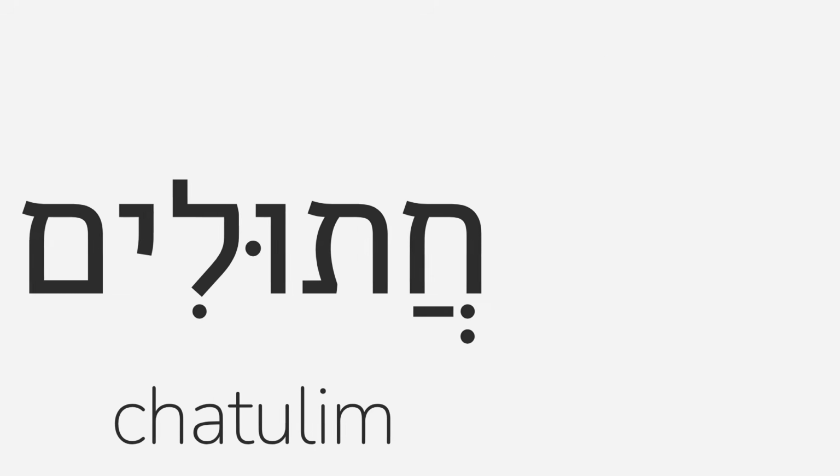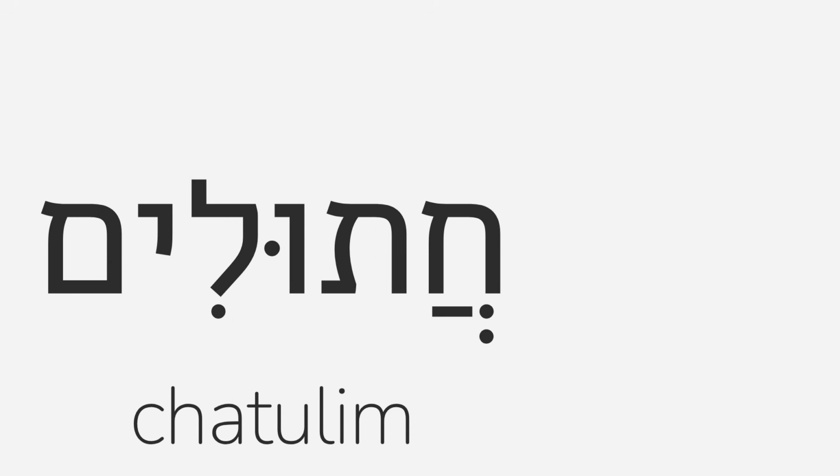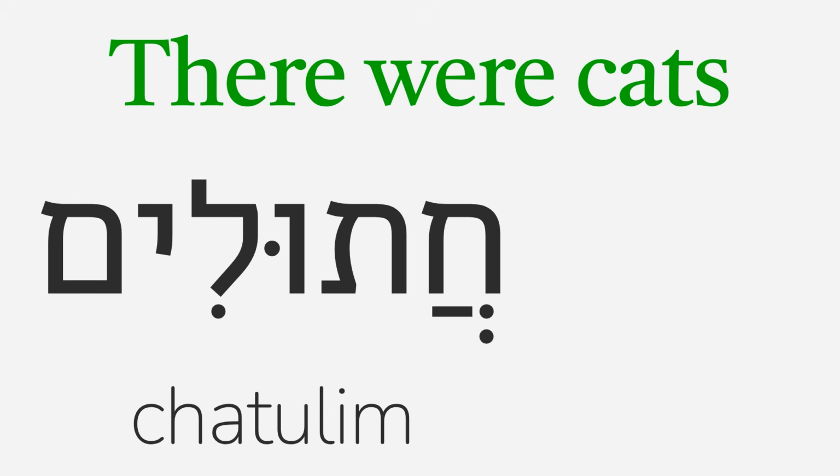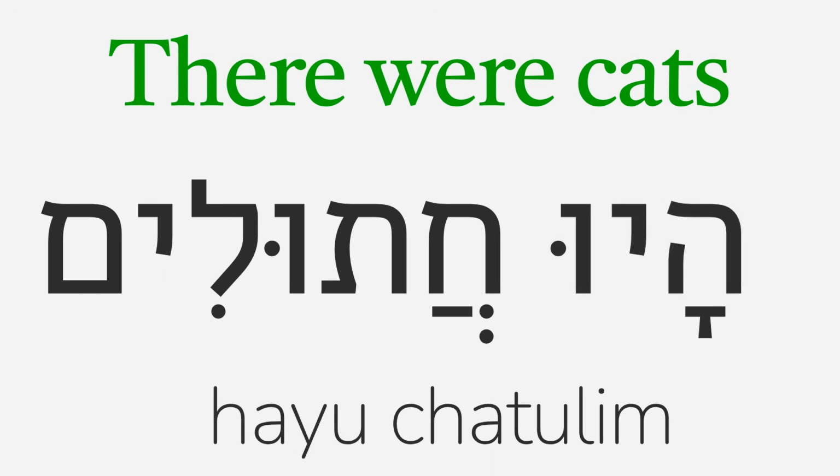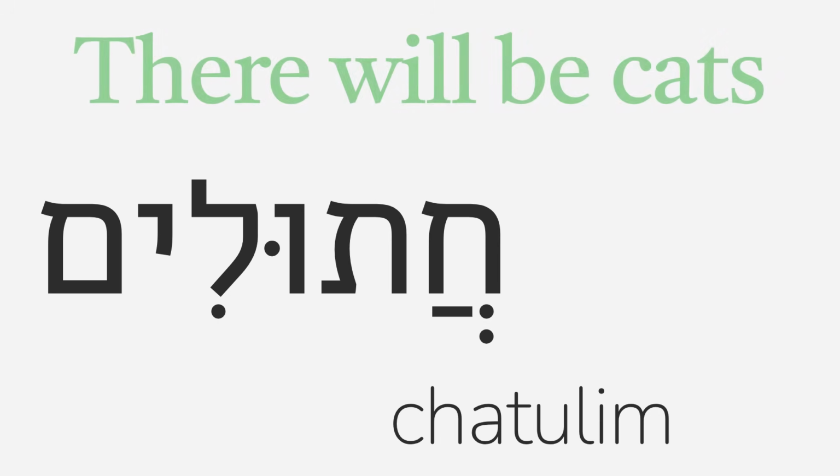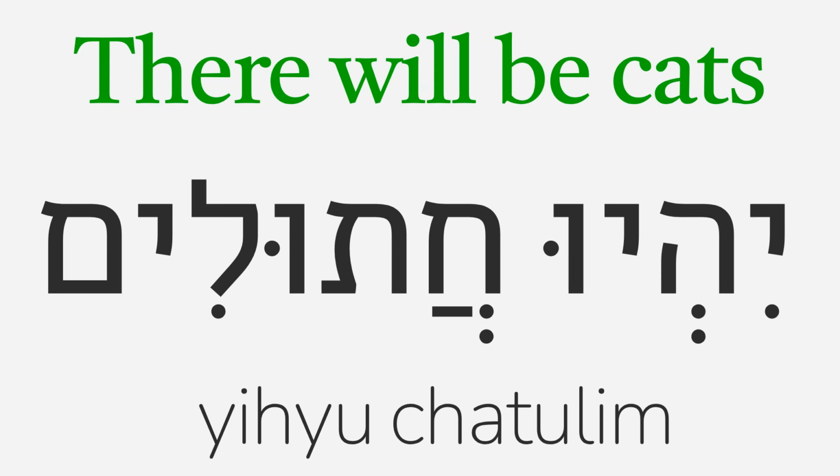Cats is chatulim, a masculine plural noun. There were cats is hayu chatulim, with the verb hayu, which is used for subjects that are a they, like the plural cats. There will be cats is yihiyu chatulim, once again with the matching future tense verb.